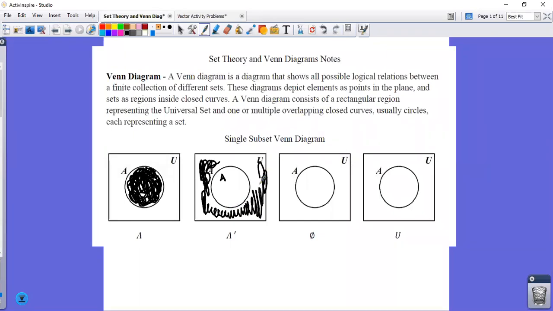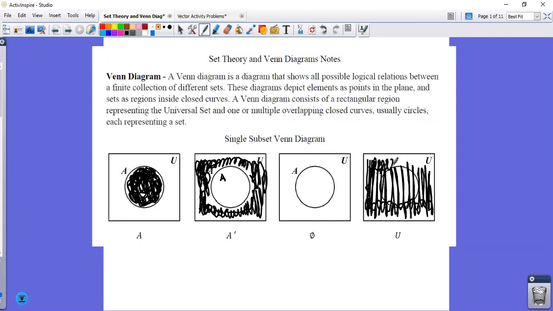I'm not going to shade these, for time constraints, but you get the idea, I hope. So you'd shade everything outside. Null set in a Venn diagram is nothing, so you wouldn't shade anything at all. It would all be just blank. And the universal set is everything, so you would shade the entire thing.